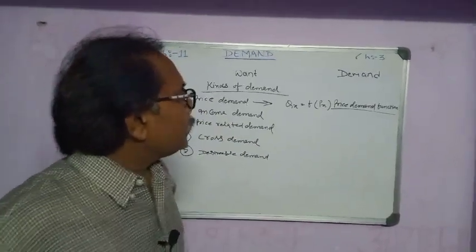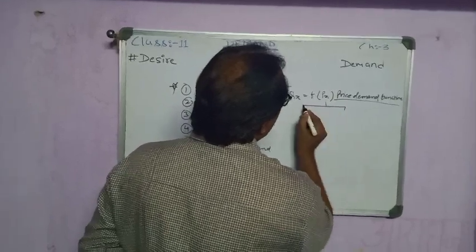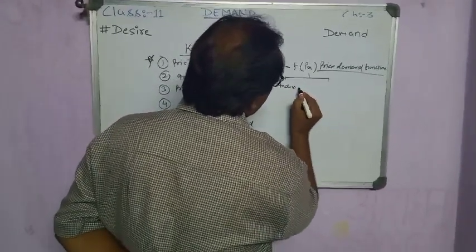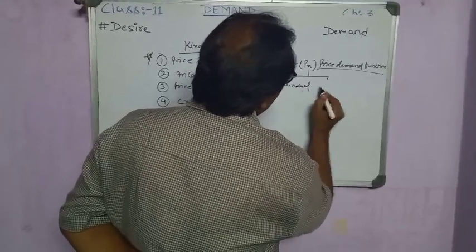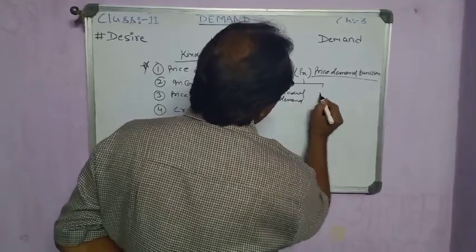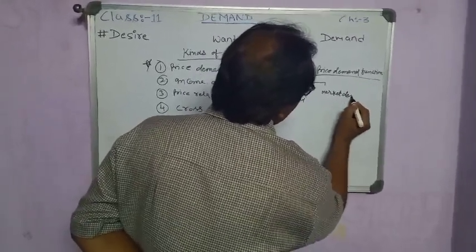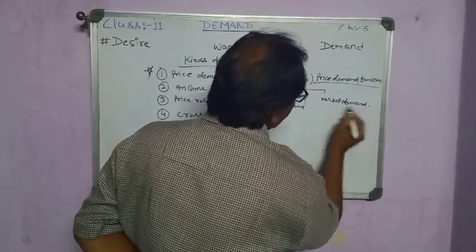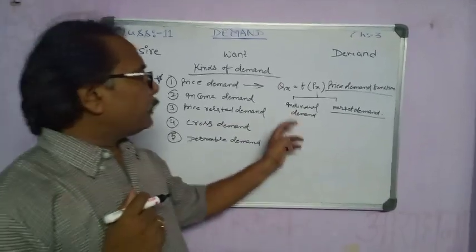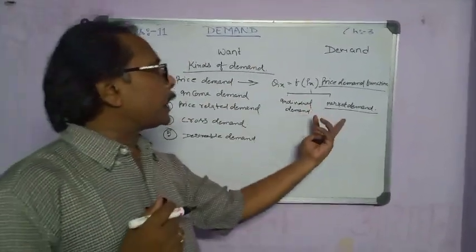Here it can be divided into two parts: one is known as individual demand and the other is known as market demand. Later we will discuss individual demand and market demand.